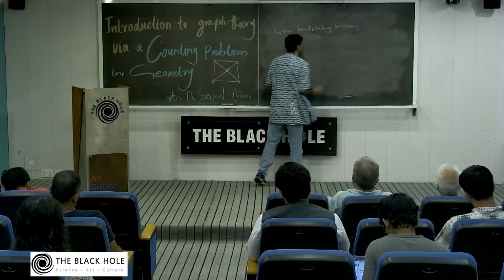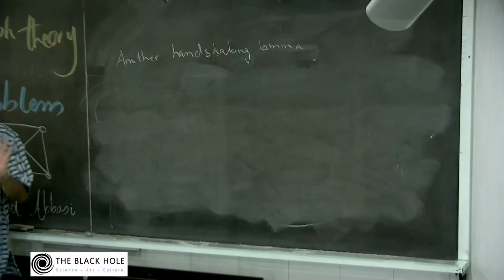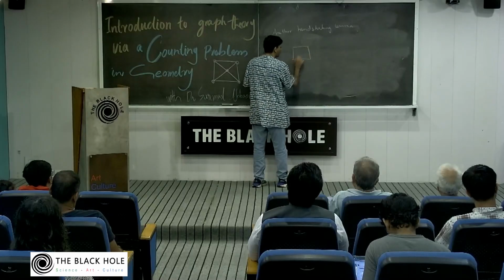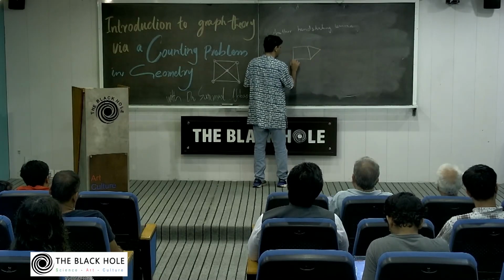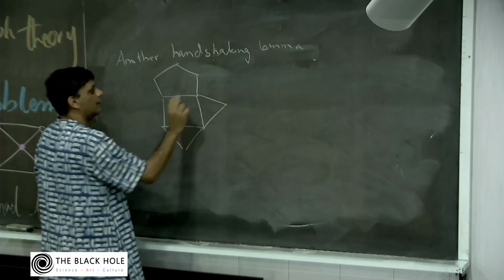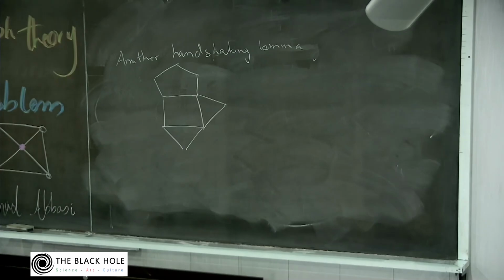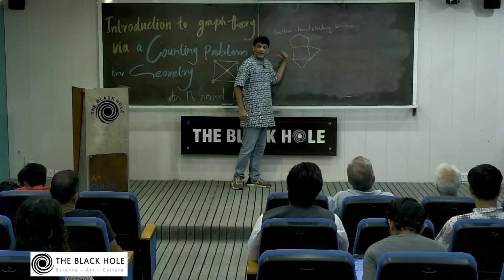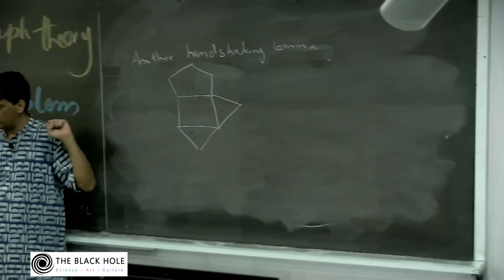This time, again, we are going to look at a plane graph where edges don't cross. I'm not going to make it too complicated, just this one is good enough. Here we have 1, 2, 3, 4, and 5 faces, with the outer face.